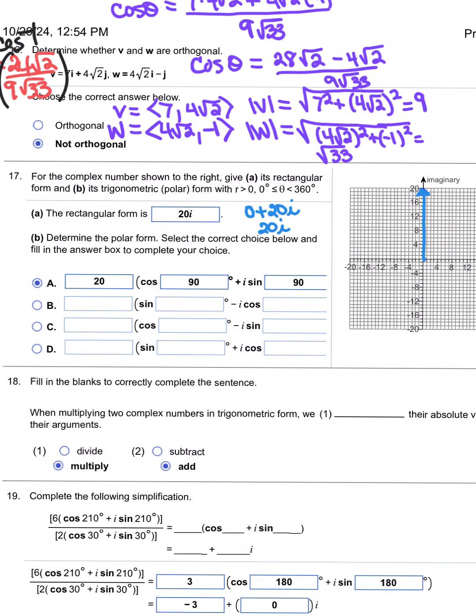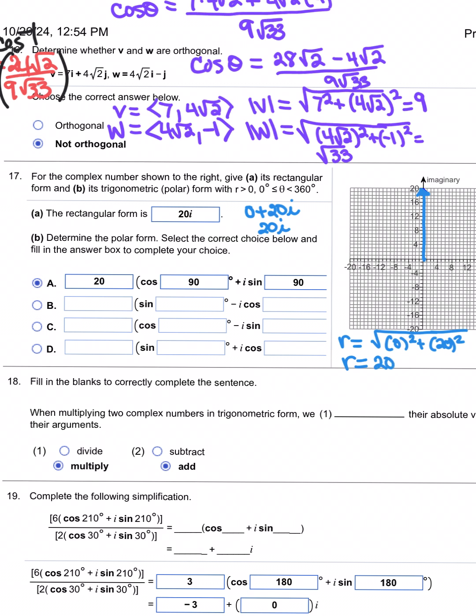For the polar form, we need two parts. We need a radius, so r. So r is equal to the square root of x is 0, y is 20. So r is equal to 0 squared plus 20 squared, and then taking the square root of that gives me 20. Now, you did not have to do that to find 20.